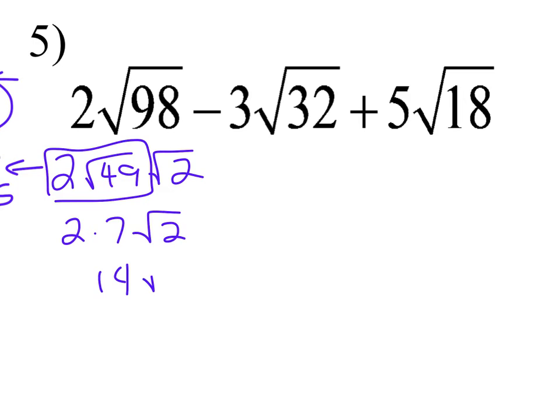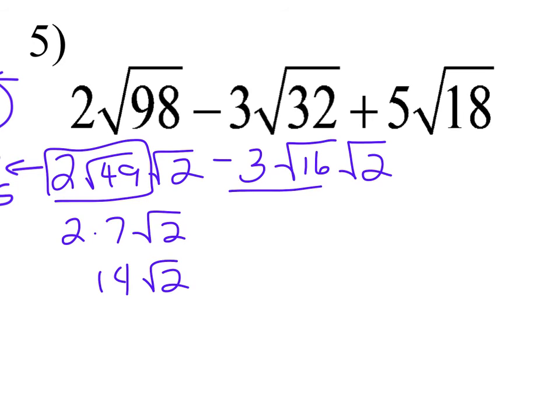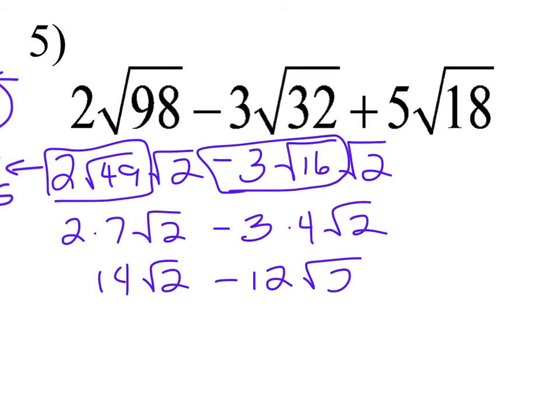It takes time to do each one of these, so reduce each one. Now 32 has a lot of perfect squares that go into it, but the largest one that goes into it is 16. So it's always good to find the largest perfect square. So put this in your calculator, or it's negative 3 times 4. Just remember, bring that radical 2 down, or negative 12 radical 2.